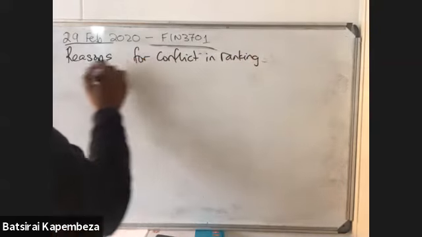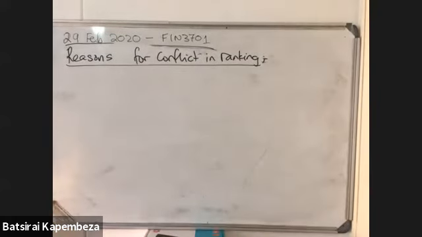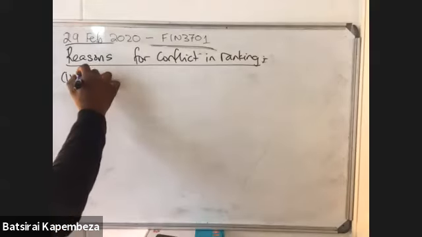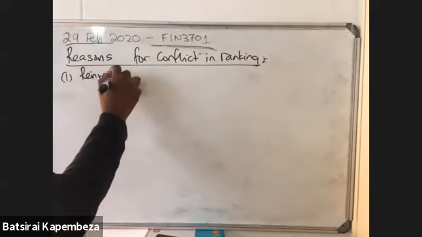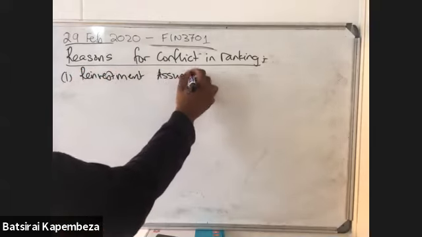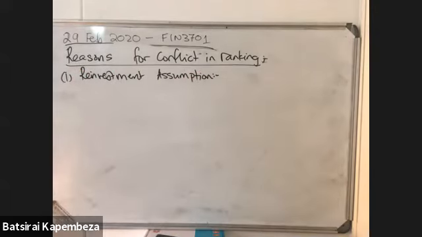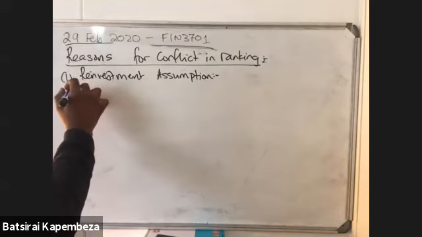The first reason why the NPV might give you a different ranking from the IRR is that we have a difference in the reinvestment assumption. We sometimes have a difference in the reinvestment assumption. What does this mean?